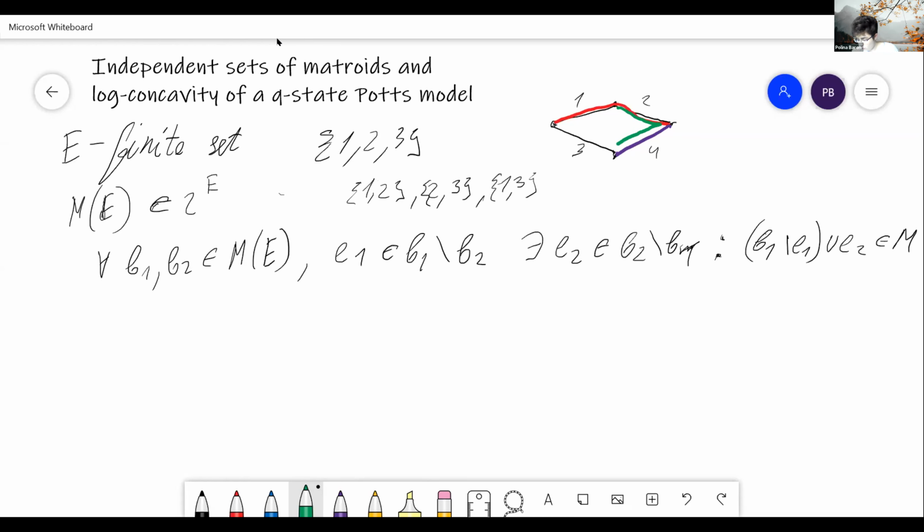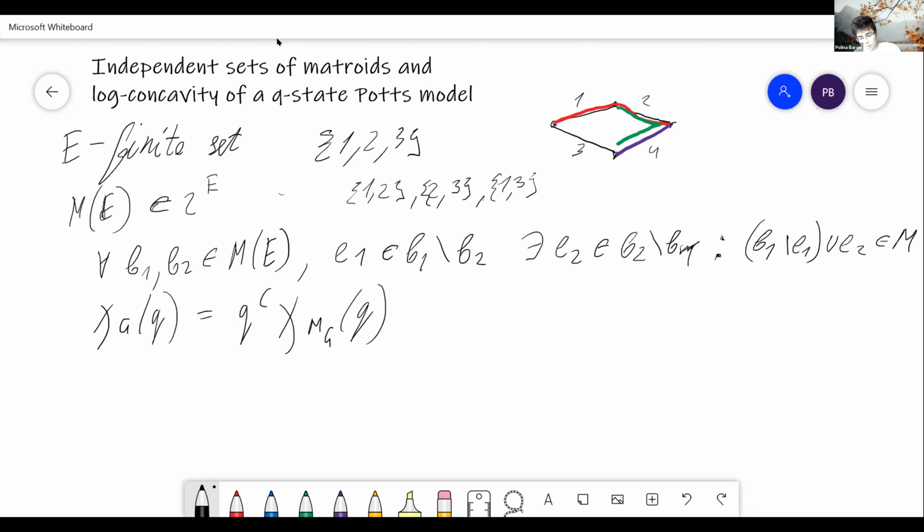And the reason why we like to study matroids is the following. If we consider a chromatic polynomial of a graph, and we consider the matroid that is related to this graph, then, if I'm not mistaken, there is the following formula, where M_G is a matroid that we derive from the graph.